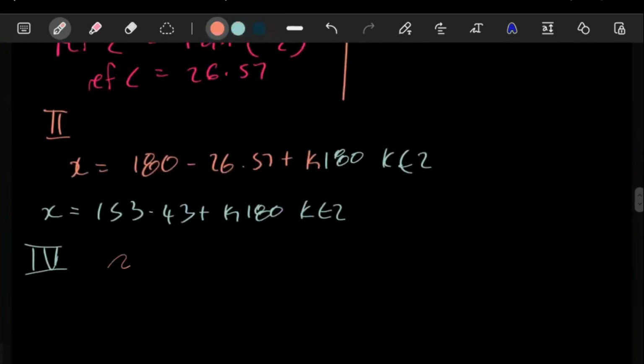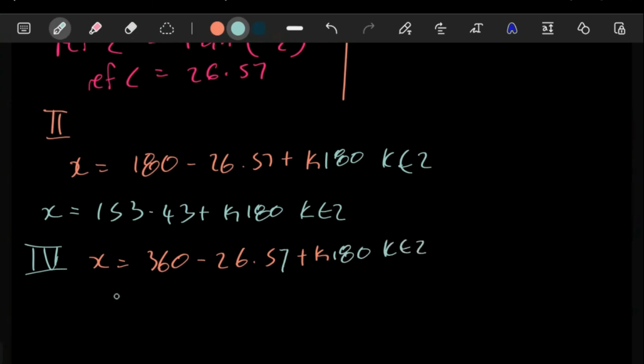So it's going to be 360 degrees minus the reference angle plus k 180. K is an element of integers. And then, what do we have here? Yeah, everything on one side.